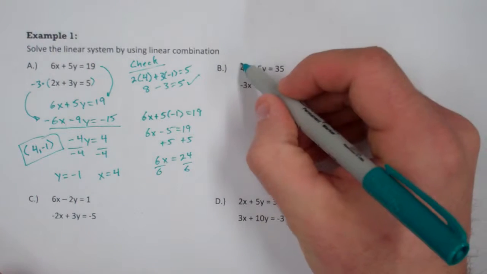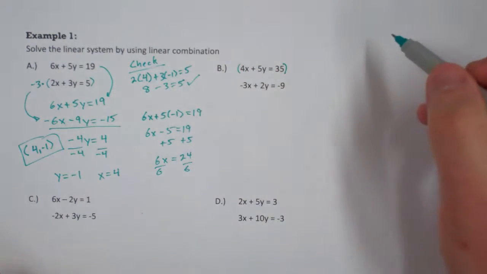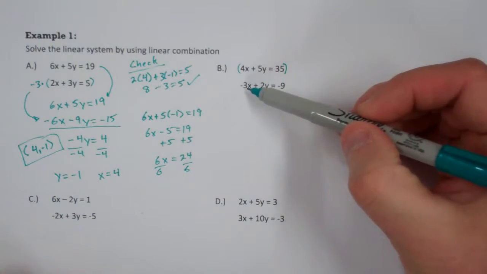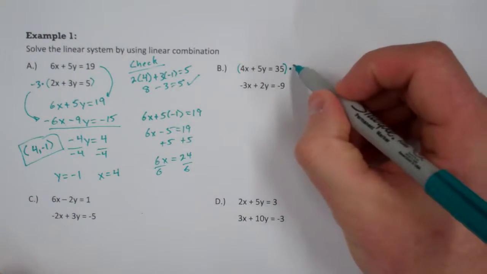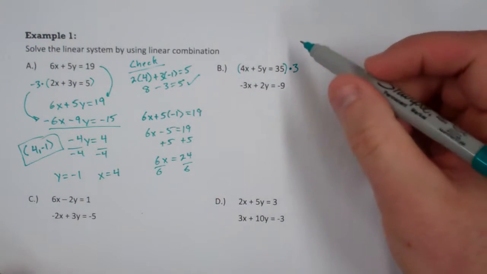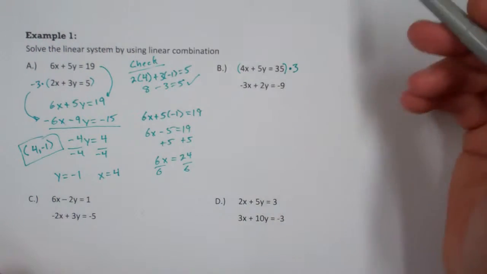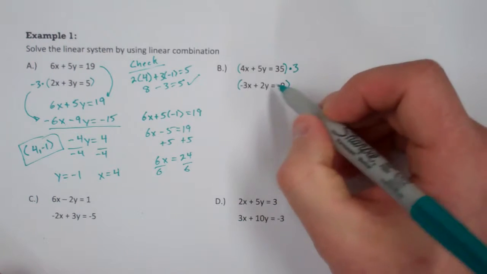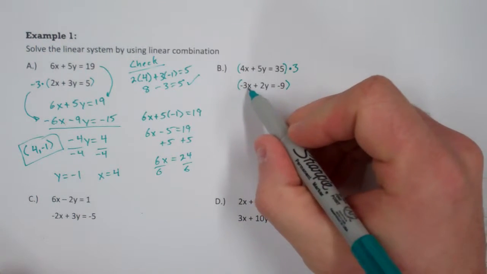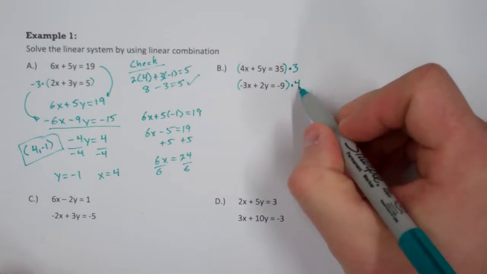If we want to multiply this equation by a good number, we can look at the other one's coefficient. I'm going to multiply this just by 3. If I multiply it by -3, I would get a negative value, and I want these to be opposite. Also, just looking at the x's, we can multiply this equation by 4.